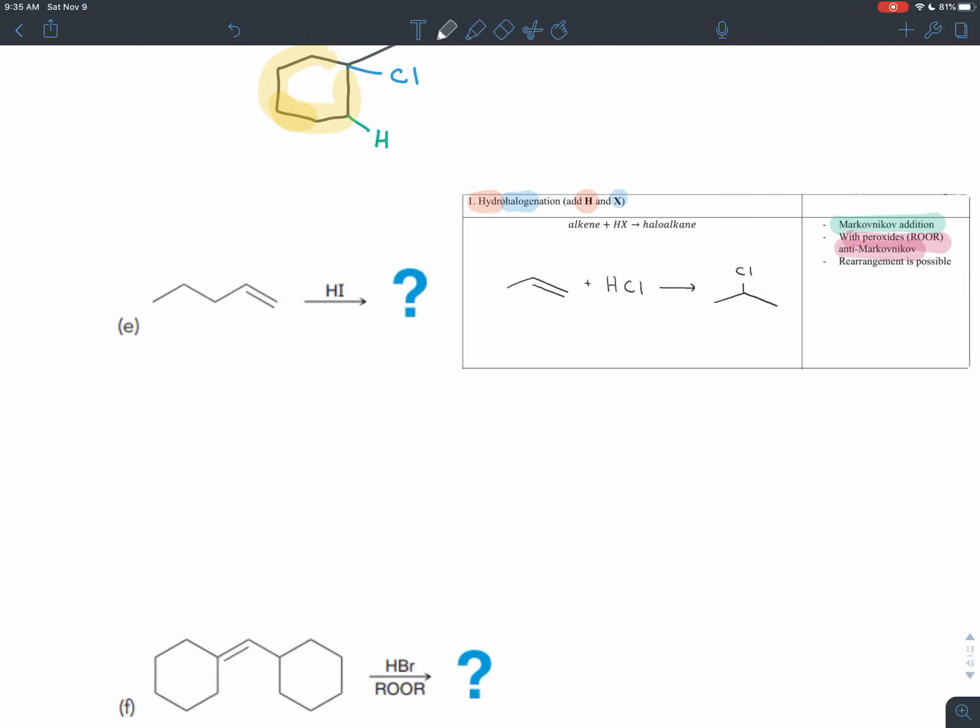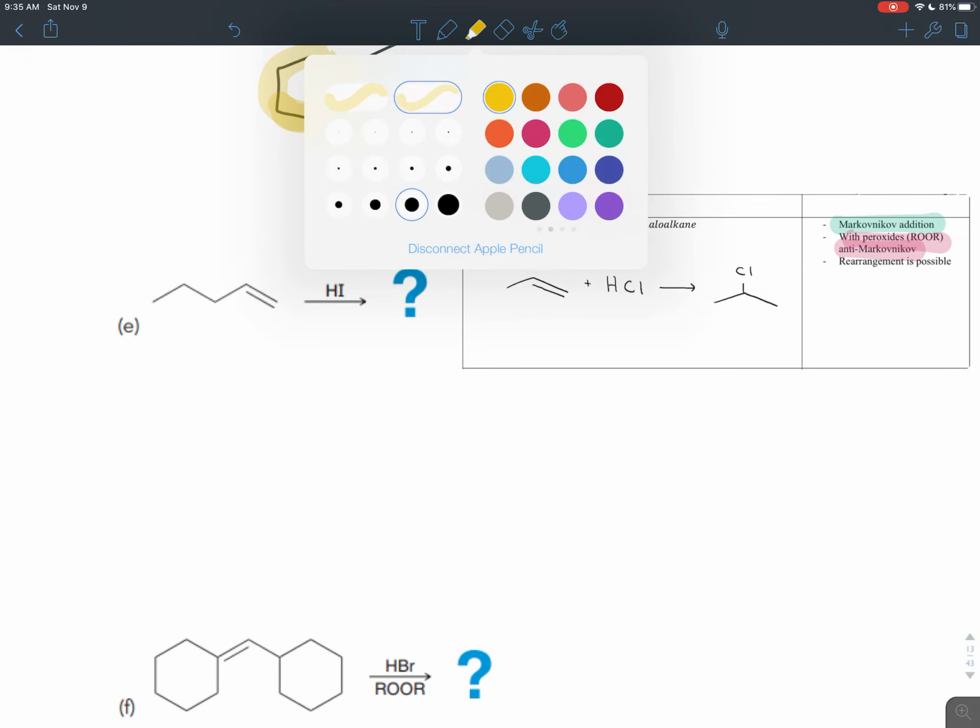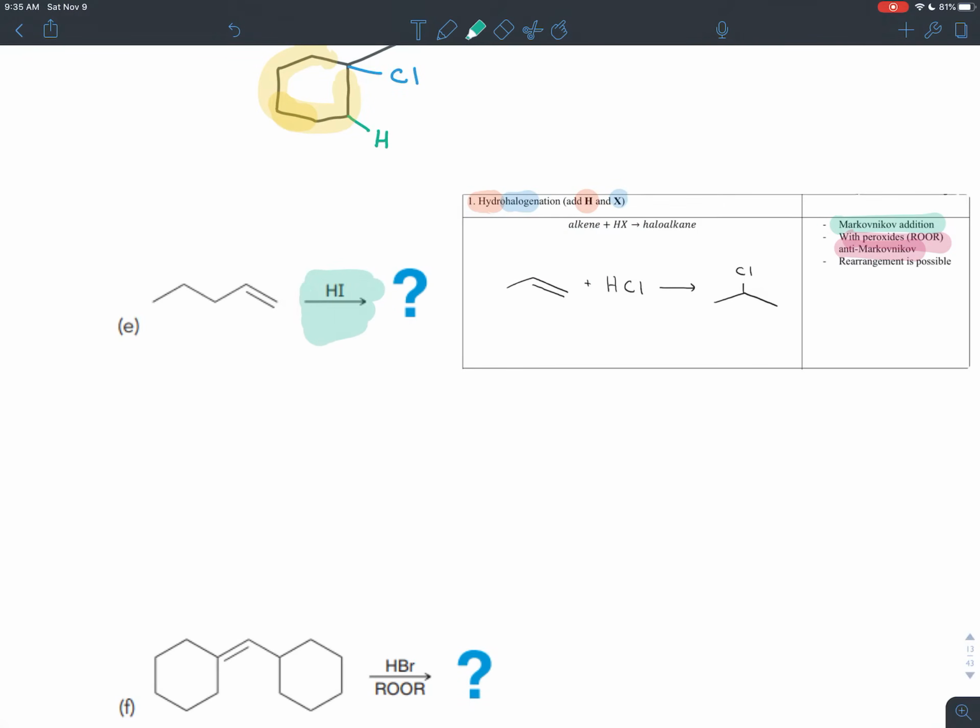So we're going to be doing hydrohalogenation. We do not see peroxides. That means that this is going to be Markovnikov addition. The hydrogen will go to the less substituted position. So I'm going to redraw the carbon skeleton exactly as it is, just without the pi bond. We're going to use those pi electrons to stick these new things on the molecule.